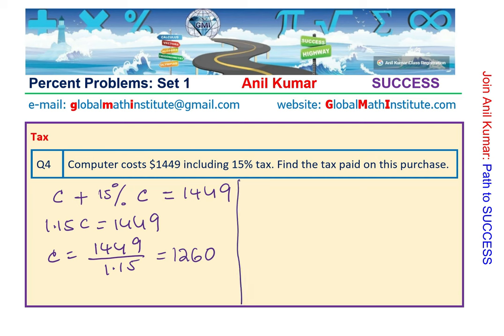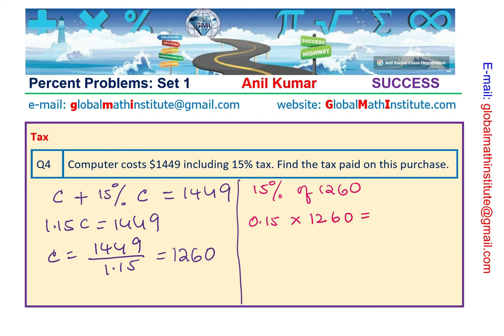Now what is 15% of 1260? So 15% of 1260, which is 0.15 times 1260. Is that clear? So we'll multiply this by 0.15 and we get an answer as 189. You get the idea. So 189 is the tax.